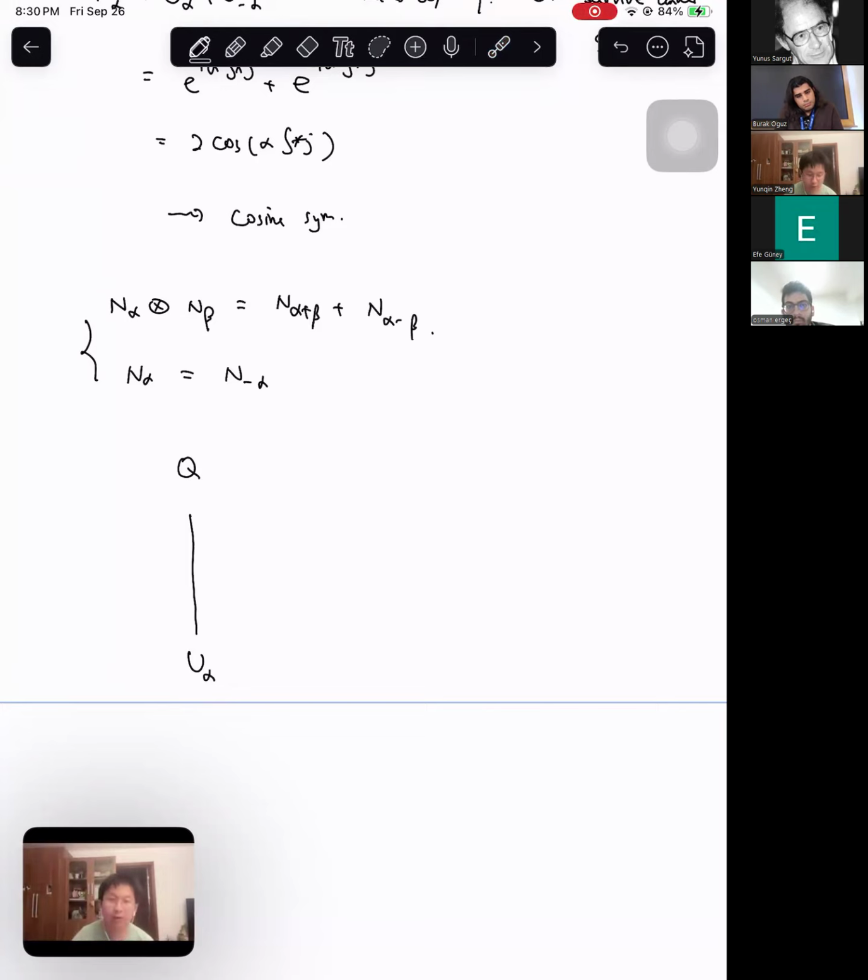The gauging operation can also be implemented by the gauging interface. So for example, instead of doing the full space gauging, which maps Q to Q mod Z2C, we can consider a topological interface between these two theories.